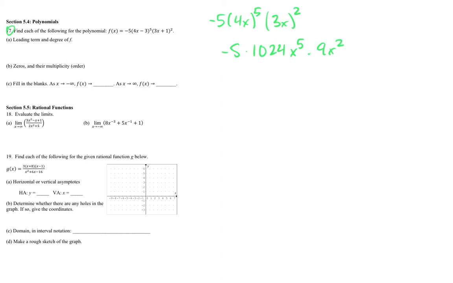If we simplify that out, we end up getting negative 46,080 x to the 7th. So this is going to be our leading term here. And then our degree is going to be this power here. So that's going to be degree 7.